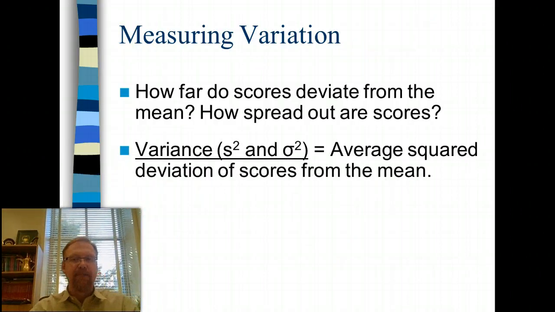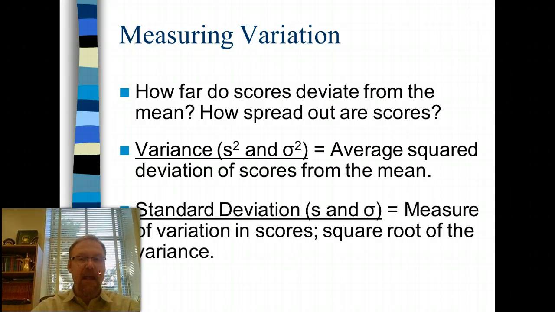We're going to talk about variance, which is simply the average squared deviation of scores from the mean. It's the average sum of squares. And the standard deviation is the square root of the variance. So you can see how we're building. This is the average sum of squares. This is the square root of that.